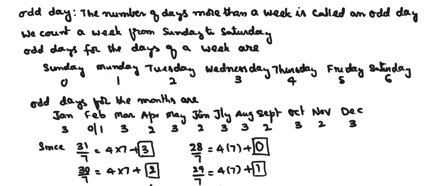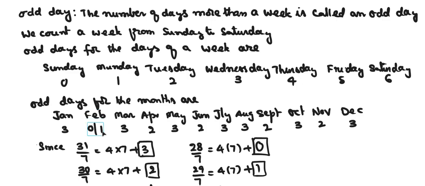Odd days for the months are: for the month of January, there are 3 odd days. For the month of February, 0 odd days or 1 odd day, because for the month of February we have 28 days. 28 divided by 7 will give you 0 remainder, that will give you 0 odd days.